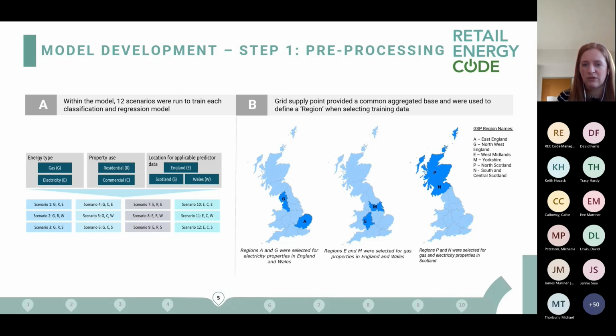We want to make sure those regions had that similarity. There's also a good balance of urban and rural geographies, and some of the other predictors. We want to make sure we've captured a mix of deprivation areas as well, and also that we had comparatively few under investigation cases, was another factor within that.